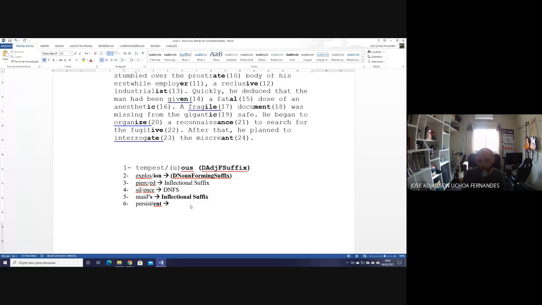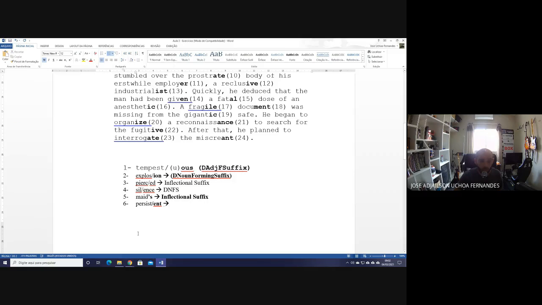We have persist. I will not go into the merit because we can split this, like in per and sist, because we have insist, persist, and so on. We have a morpheme here, a prefix, but I will not go into that. I just want to focus on the final one, on the suffix.